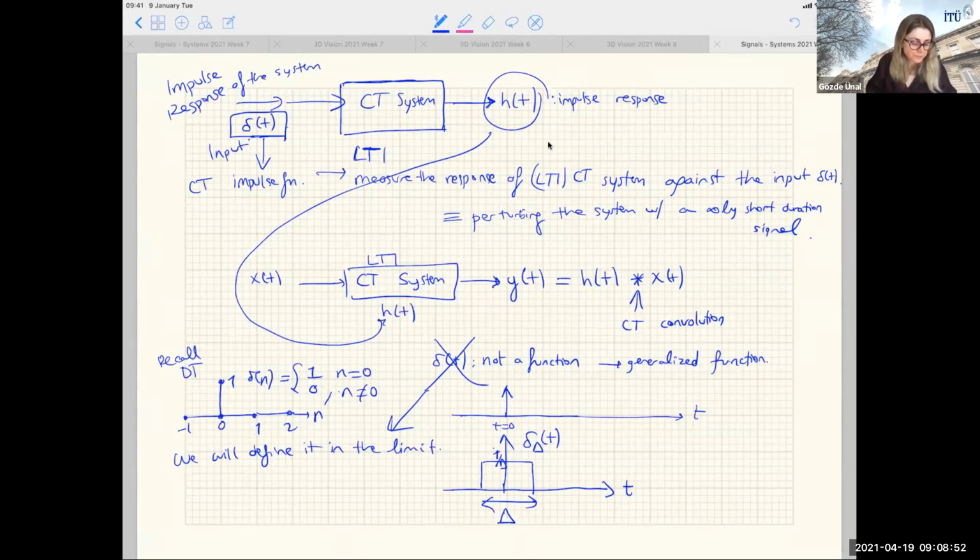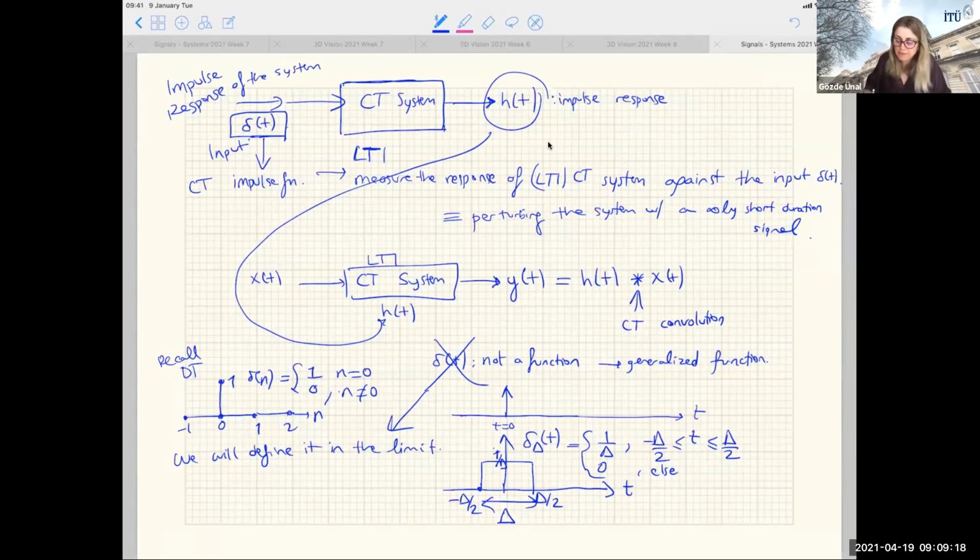So let's say our function will be equal to 1 over delta for t between minus delta over 2 and delta over 2, and 0 otherwise. So this is minus delta over 2. Maybe I should do this on the next page because I want to now make delta small.